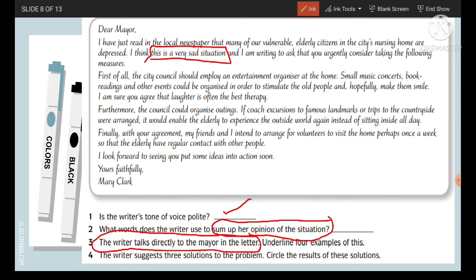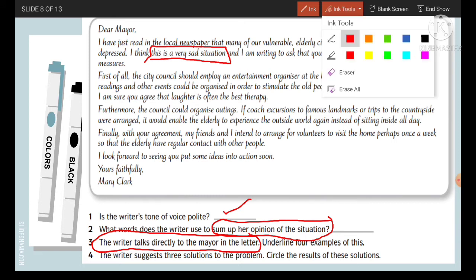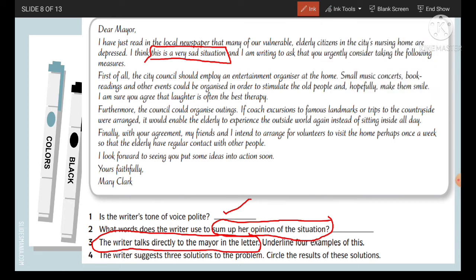So the answer is, okay, the first one. Alright, this is the first one: "I am writing to ask that you." When they use the pronoun "you", it directly means the mayor.